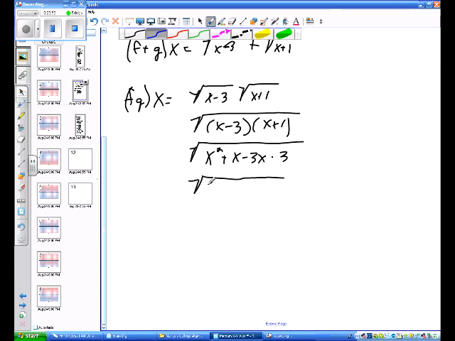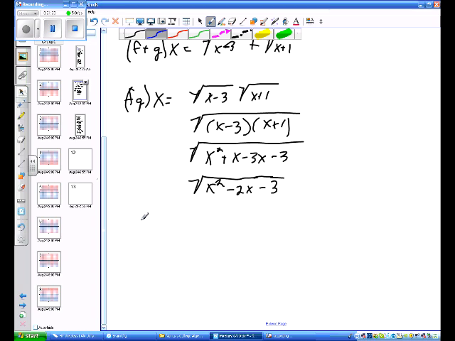Combining our like terms, we have x squared minus 2x minus 3. And that would be the combination of those two functions where our domain is from 3 to positive infinity.